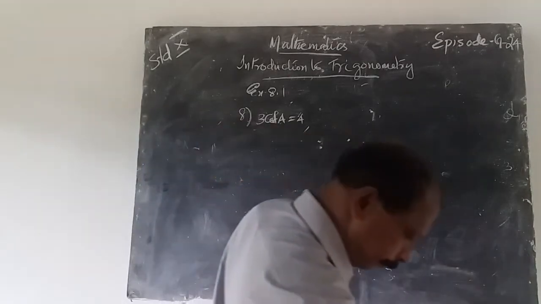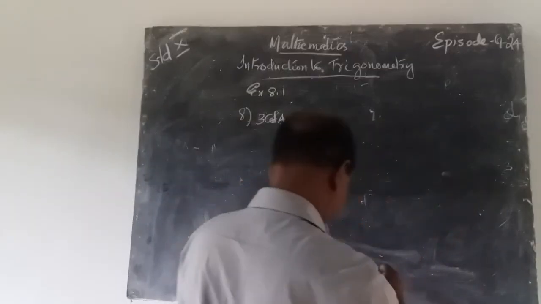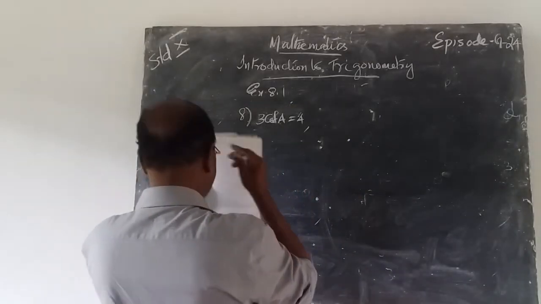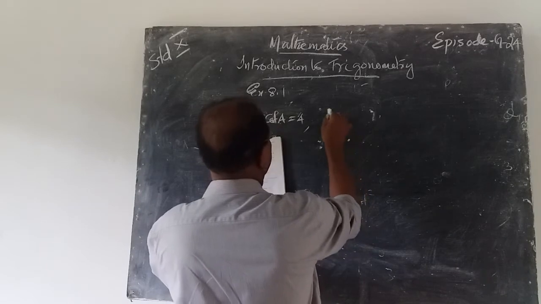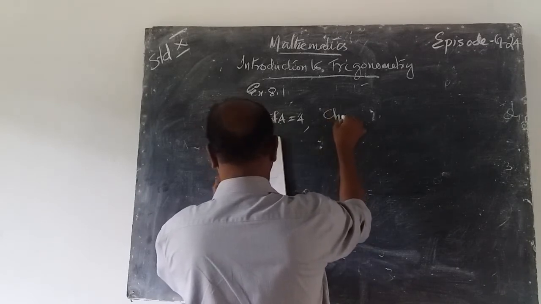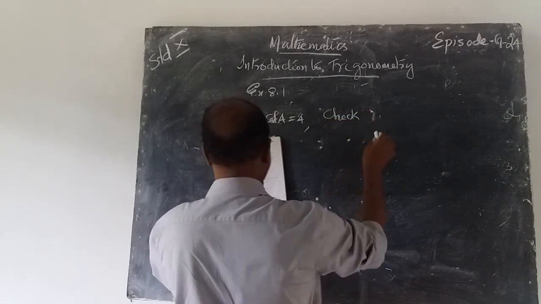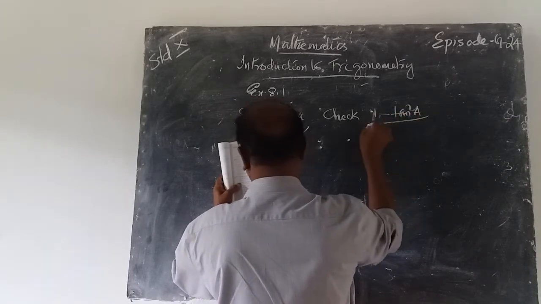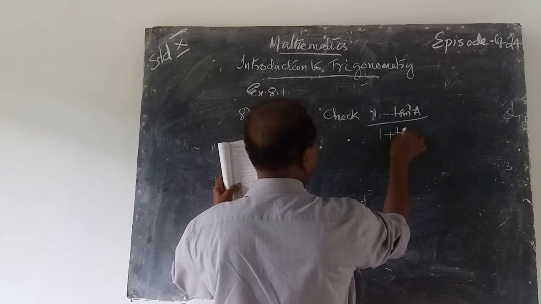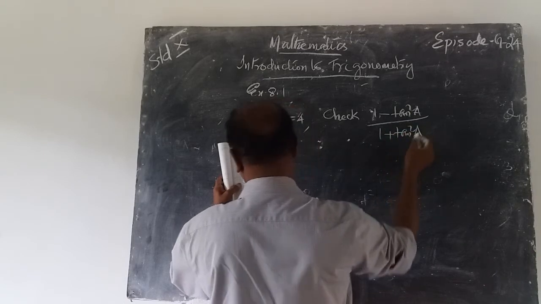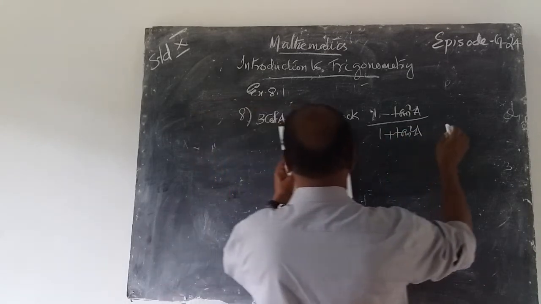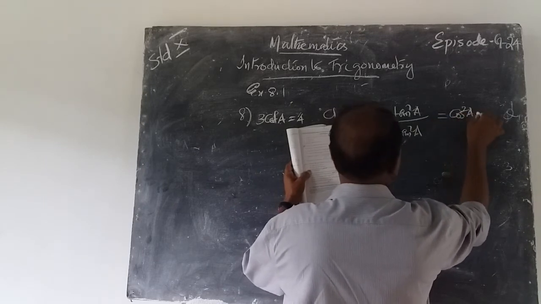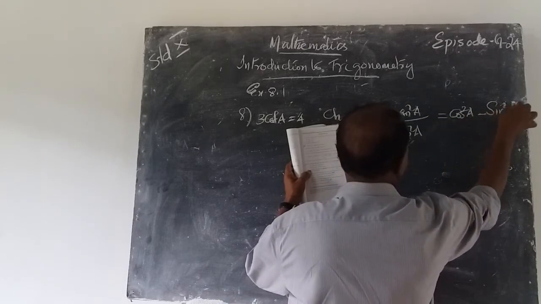Check whether (1 minus tan square A) by (1 plus tan square A) is equal to cos square A minus sin square A.